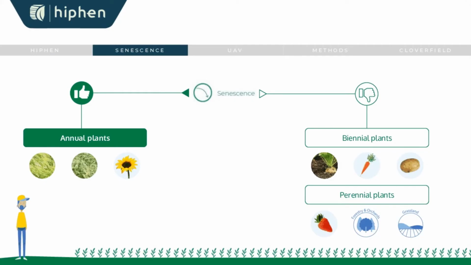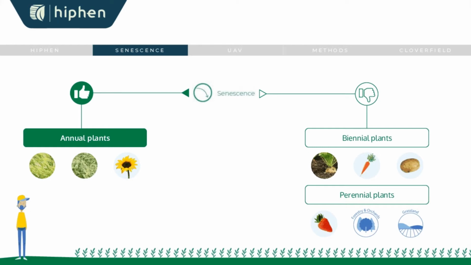Thank you, Joss. Maybe before starting really about use cases and all that, some few words about senescence. What exactly is senescence? Senescence is the moment where you're having decay of leaf area because the plant is dying. In this webinar, we will focus on annual plants.